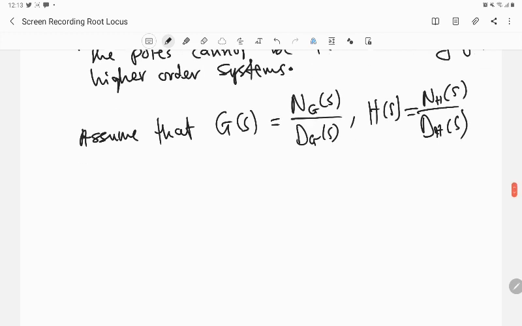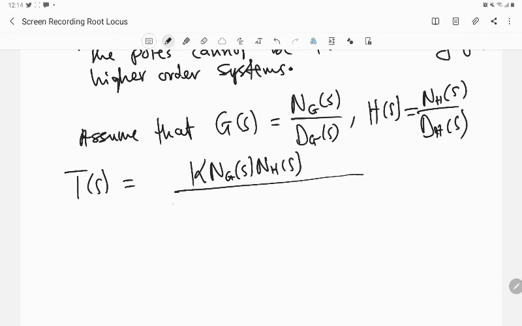Okay, if that is the case, then our T(s) will be given by K NG(s) NH(s), all divided by DG(s) DH(s) plus K NG(s) NH(s).